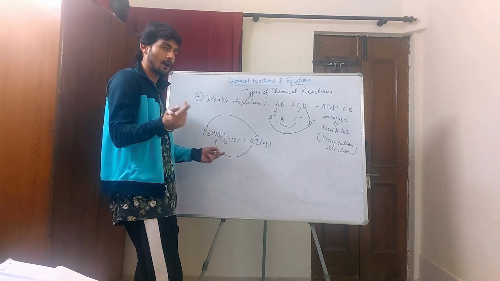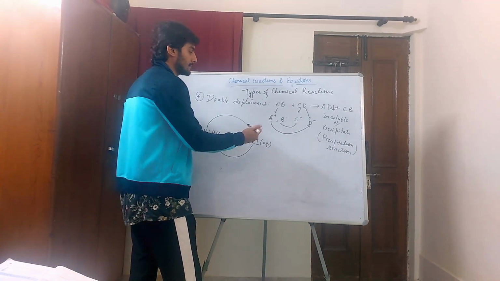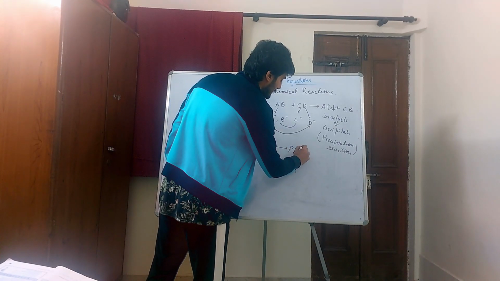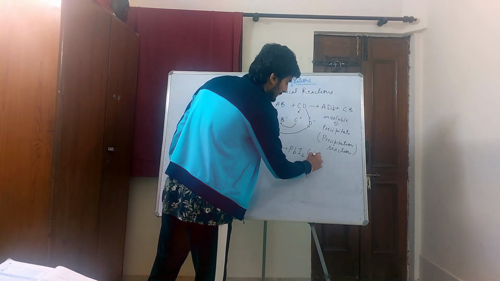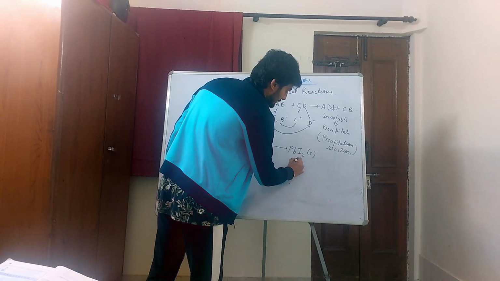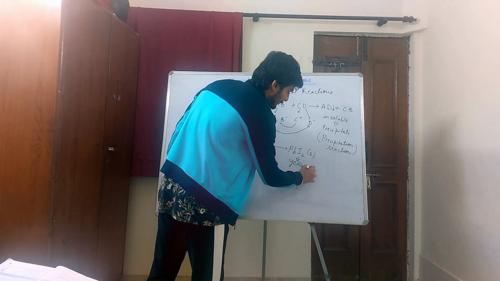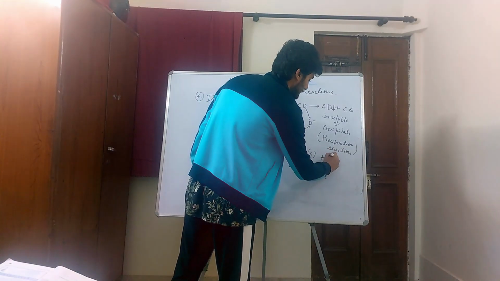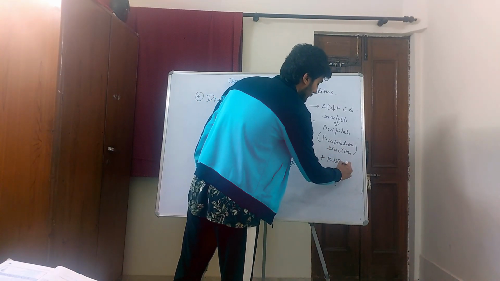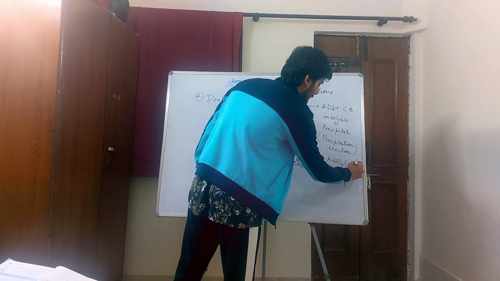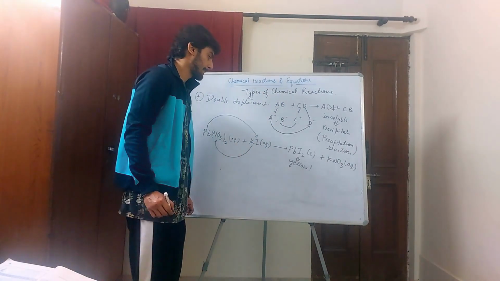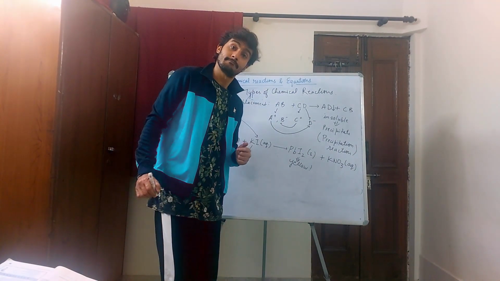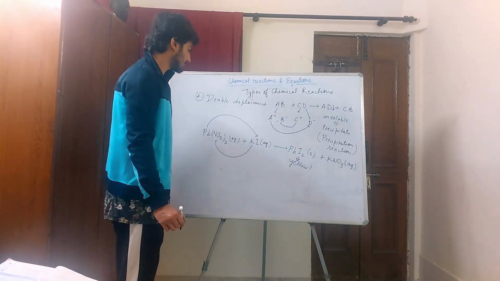Just remember how you have to make the product. That is more important. So we will get PbI2 as a solid here. Remember the color. It is of which color? Yellow. And the second one is KNO3, which will be in aqueous form. So here a solid is getting formed. That is why it is also known as a precipitation reaction.